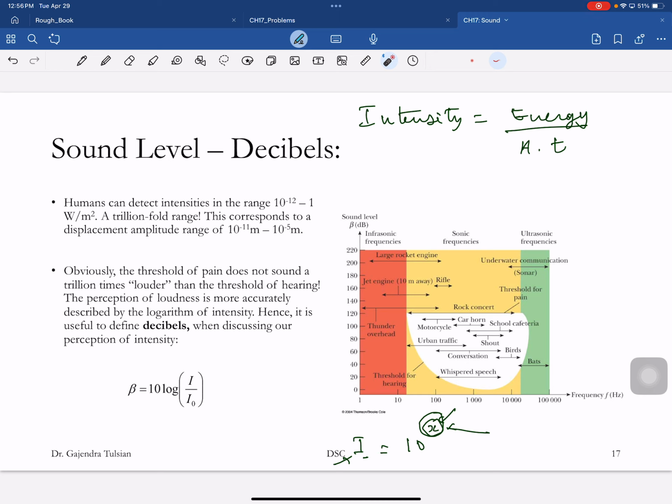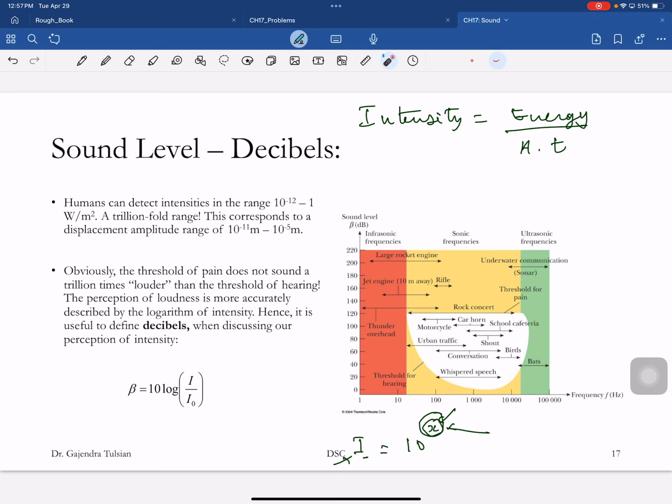Humans can detect intensities in the range from 10 to the minus 12 watts per meter square, the softest intensity you can hear, that is I naught, to 1 watt per meter square, the loudest you can bear to hear. That's a trillion fold. But the loudest sound you can bear to hear is not a trillion times louder than the softest sound.